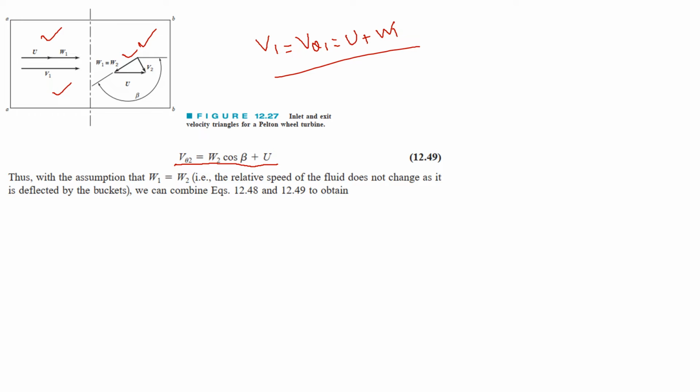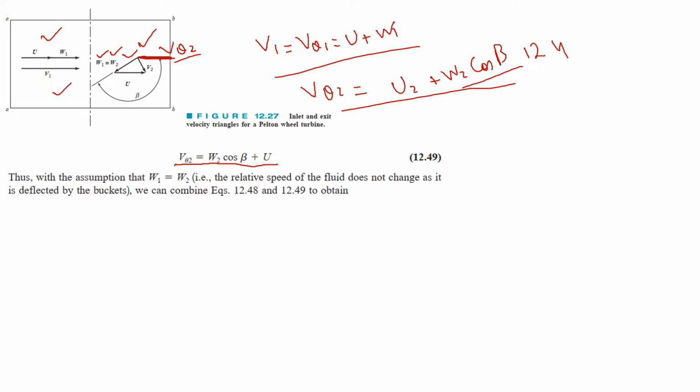So this was our condition at the inlet, and at the outlet we have v theta 2. This component of the absolute velocity at the exit is v theta 2, and v theta 2 will be equal to the blade velocity at the exit plus the tangential component of this relative velocity, that is w2 cos beta. This is the tangential component of the relative velocity.